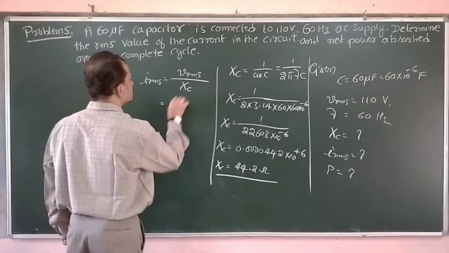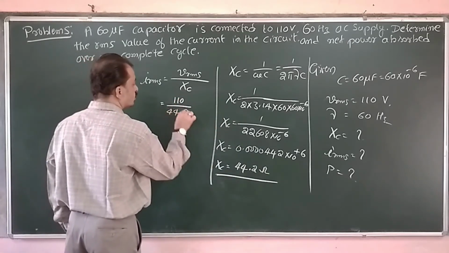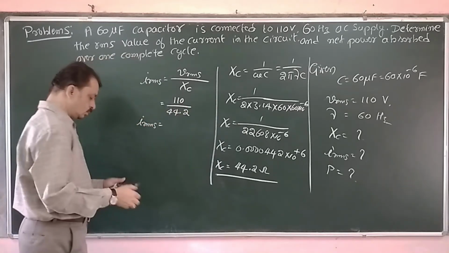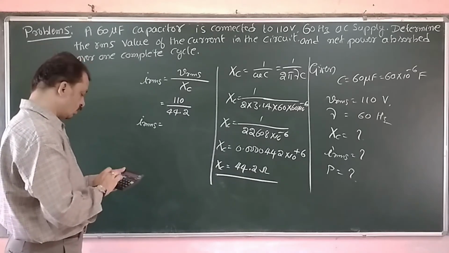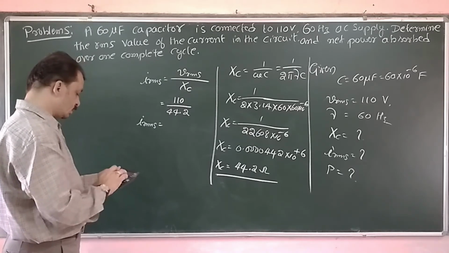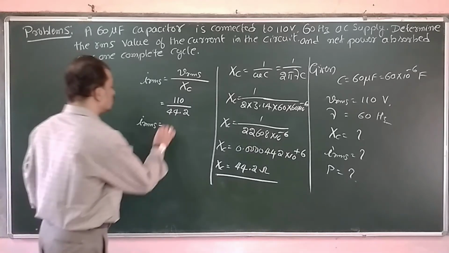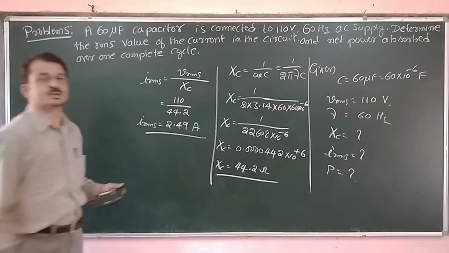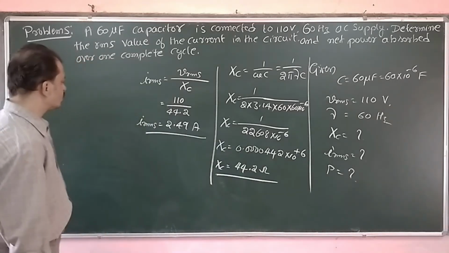Now VRMS is 110, Xc is 44.2. Therefore IRMS is equal to 110 divided by 44.2, which is 2.49 amps. This amount of current is flowing through that capacitive circuit.